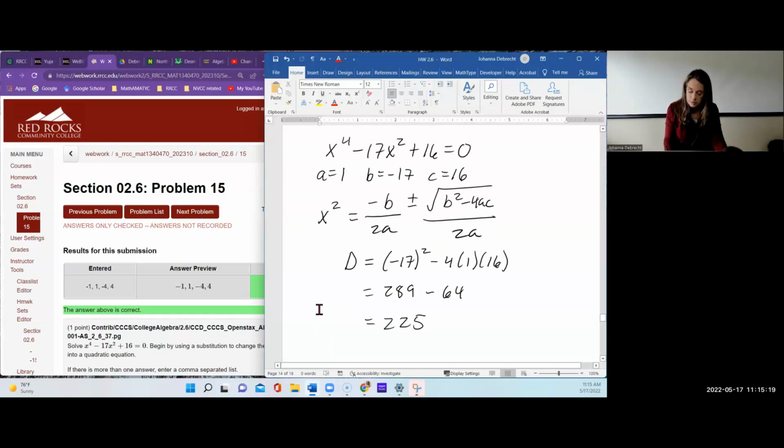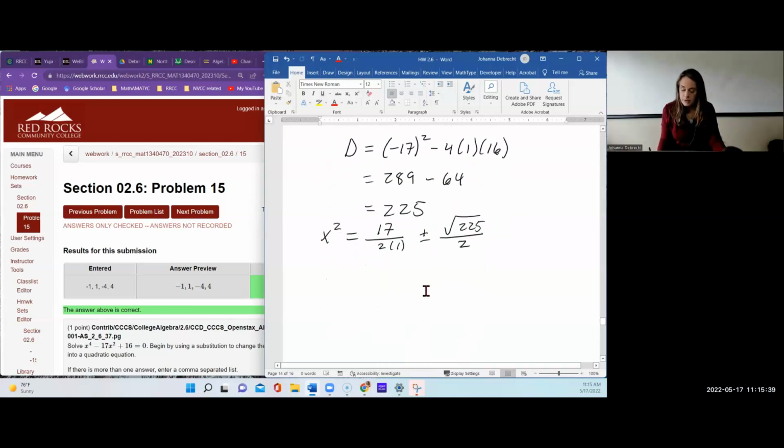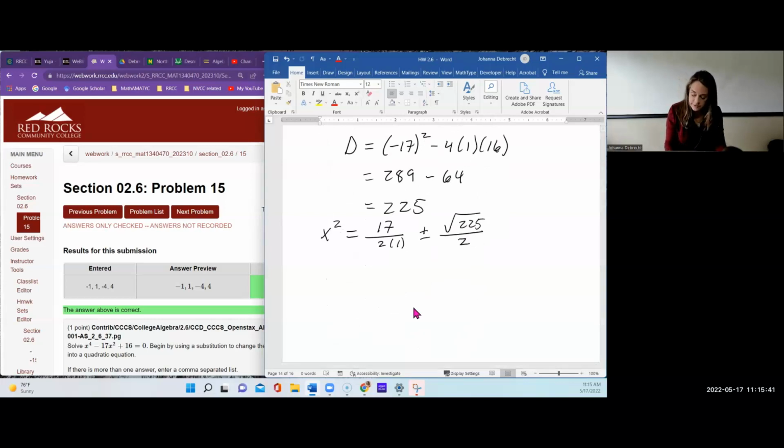Now putting this into the parts of the quadratic formula, I have x squared equals the opposite of -17 is 17, divided by 2 times 1 for a, plus or minus the square root of 225 for the discriminant over 2. Now the square root of 225 is 15.